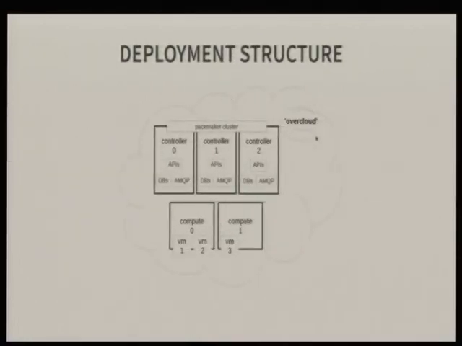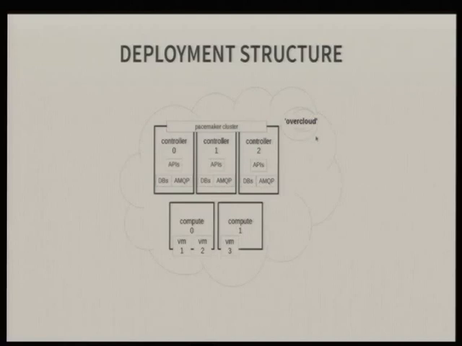So the deployment structure. This is the overcloud. This is the cloud where tenant VMs run. And it's a simplified view of that deployment, just to have the basis for talking about updates and upgrades. There are 3 controller nodes to ensure high availability. There's a Pacemaker cluster in it to control the services and help with the high availability.